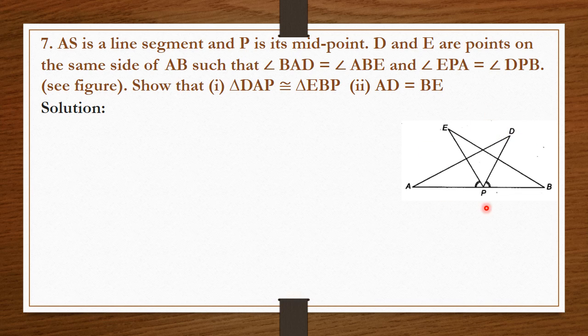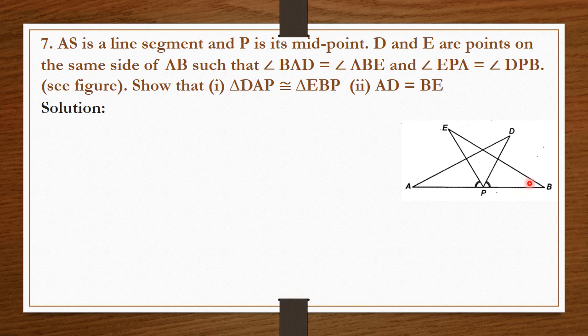such that angle BAD, this angle, is equal to angle ABE, that is this angle. These two angles are equal. Angle EPA, this angle, is equal to angle DPB, this angle.